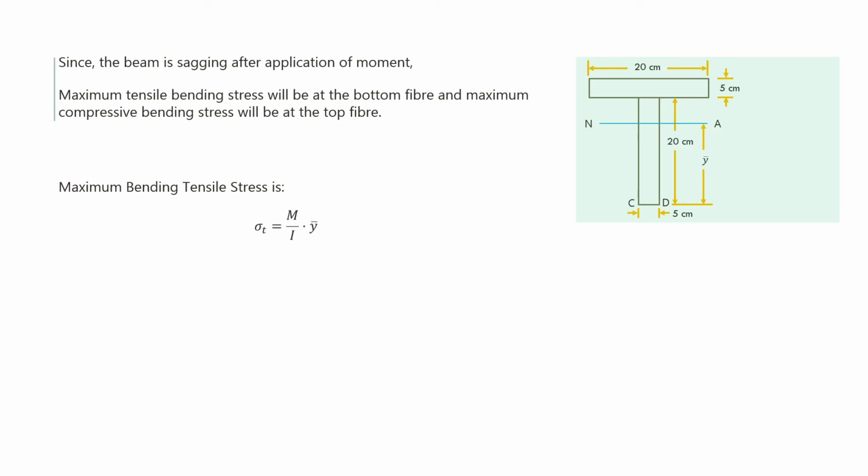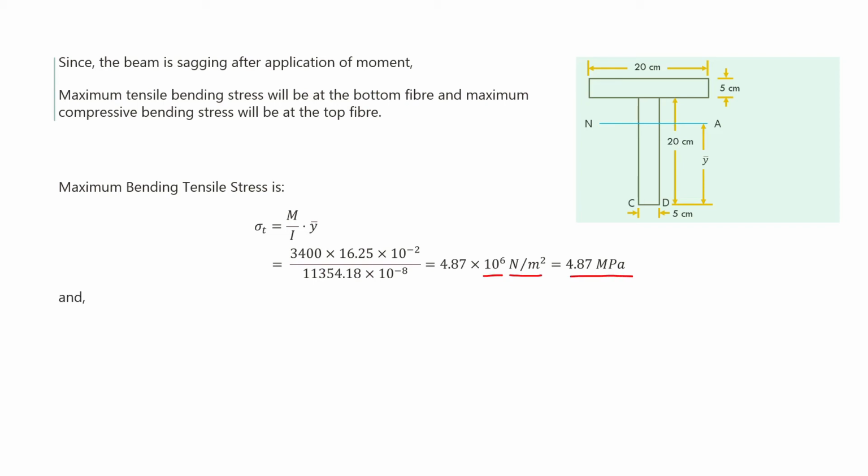So now putting the values we will get 3400 into 16.25 into 10 to the power minus 2 by 11354.18 into 10 to the power minus 8 meter to the power 4. That will give us 4.87 into 10 to the power 6 Newton per meter square. And Newton per meter square means Pascal and 10 to the power 6 means Mega. So we can write it as 4.87 megapascal.